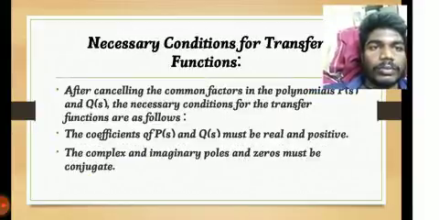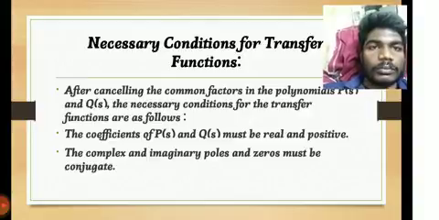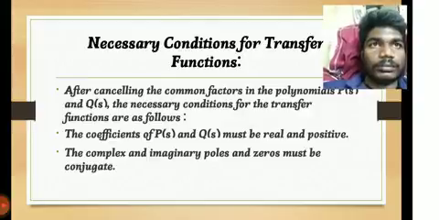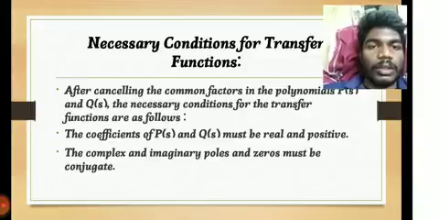Necessary conditions for the transfer function. After cancelling the common factors in the polynomials P of S and Q of S, the necessary conditions for the transfer function are as follows. The coefficients of P of S and Q of S must be real and positive.